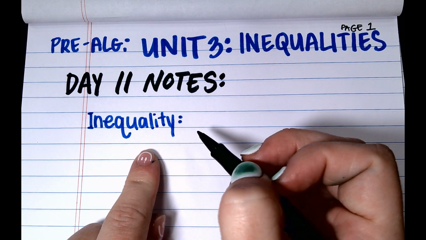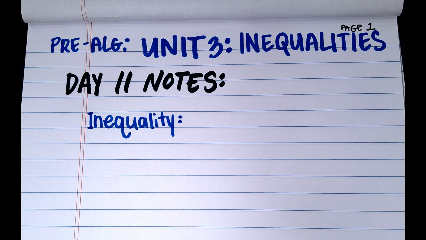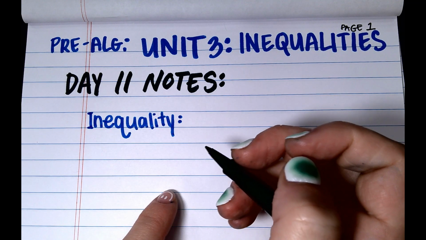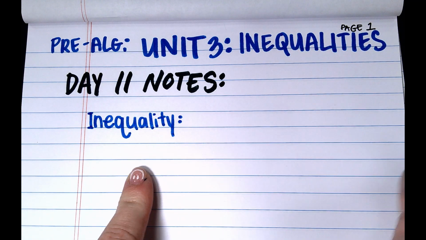An inequality is basically a number sentence. I call it a number sentence. It's like a statement about numbers, not using words, just using numbers. And it's used to compare.